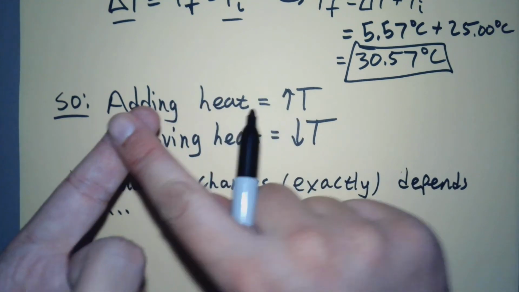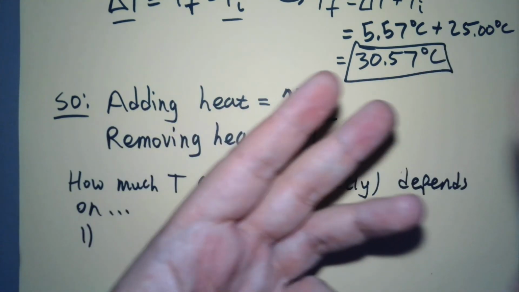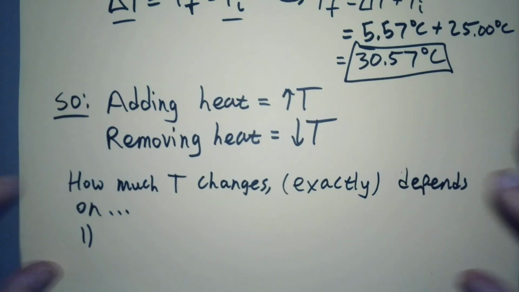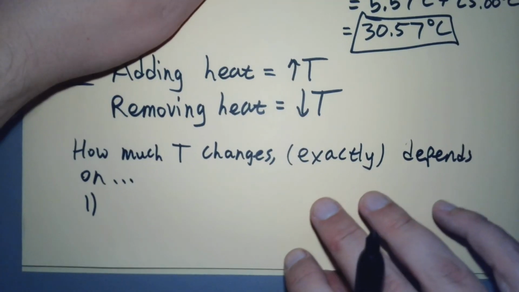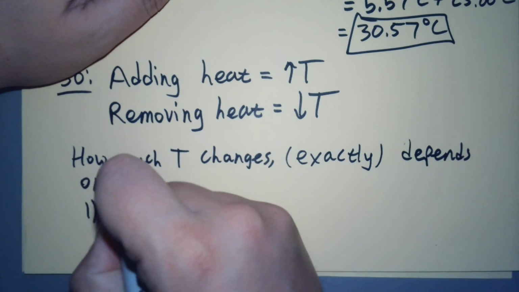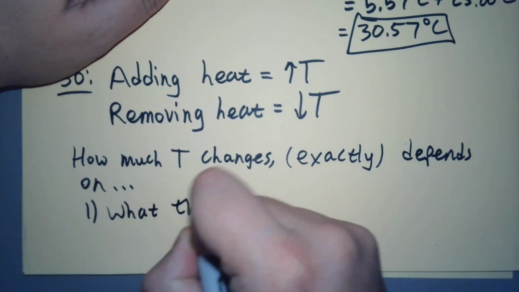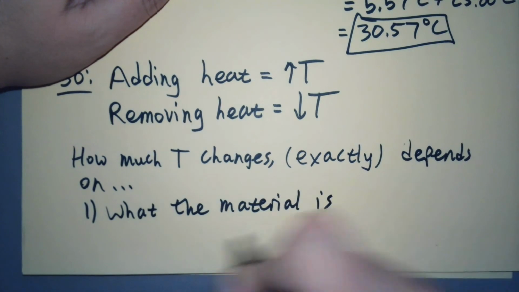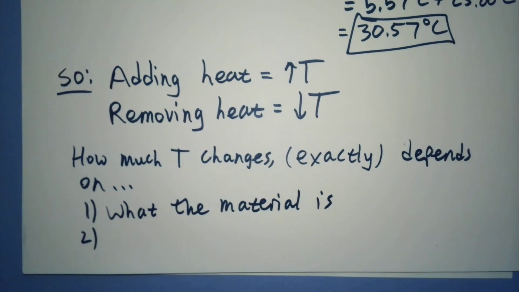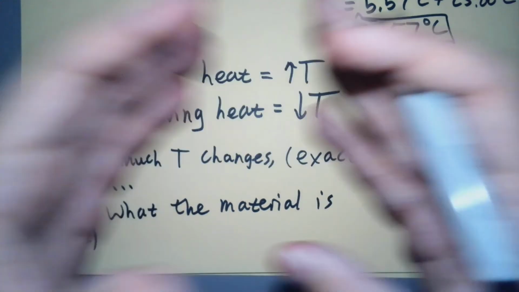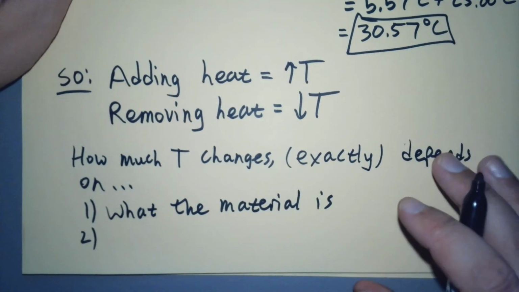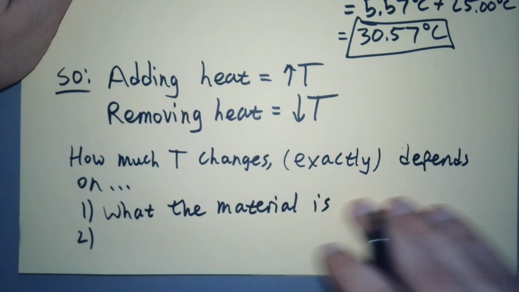Aluminum is going to heat up differently than iron, is going to heat up differently than gold, is going to heat up differently than water, and so on. It's going to heat up differently than helium gas, and so on and so forth. So what the material is, and two, how much of it there is. If an object is twice as large, it's going to heat up twice as slowly. Remember, there's Q equals mc delta T.